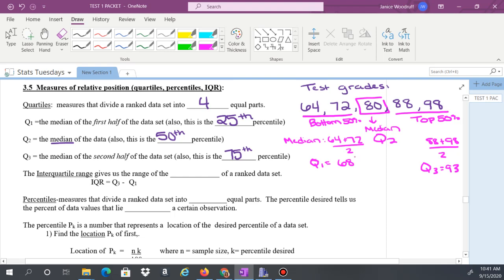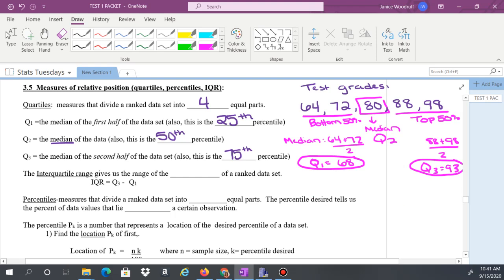Okay, so we have our data: quartile 1, 68, quartile 2, 80, quartile 3, 93.